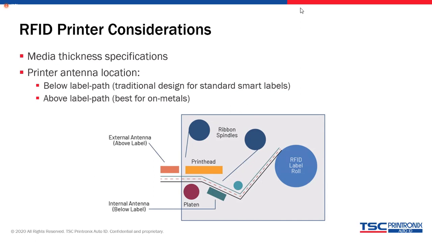Again, it comes back to testing, testing, testing. We definitely recommend using an above label path antenna for the best results. We designed it specifically for that purpose, but you could still sometimes use the below label path antenna. So before you pick up an RFID printer, check what kinds of antennas it has and where they are located.